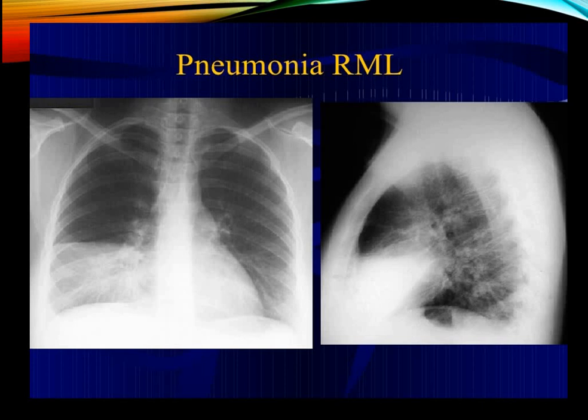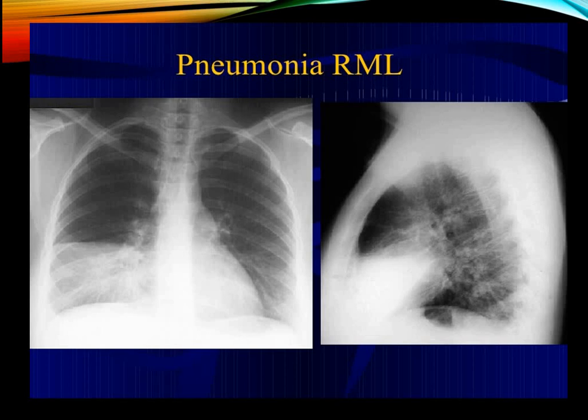Regarding the location of the consolidation, it is limited superiorly by the horizontal fissure, and we agreed that any opacity limited superiorly by the horizontal fissure should be located in the right middle lobe. What supports this is looking at the silhouette sign. If you notice, the right cardiac border cannot be seen, we cannot trace it with the pen, and this means that there is a loss of the right cardiac border.